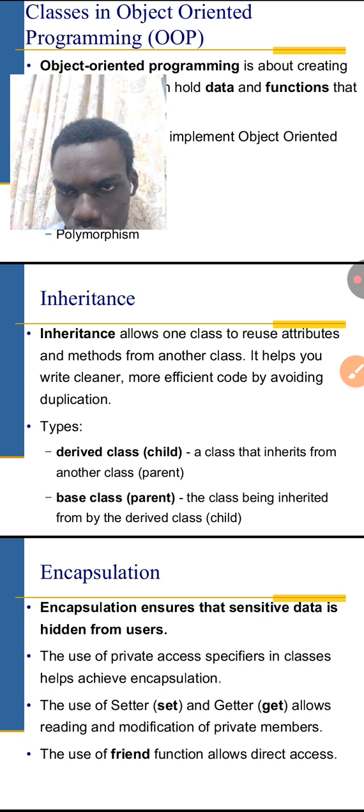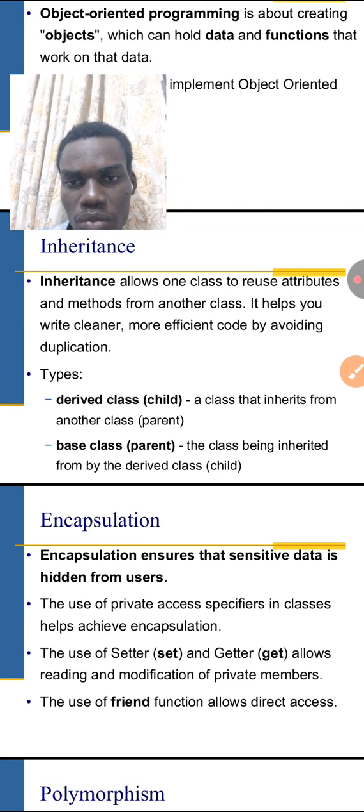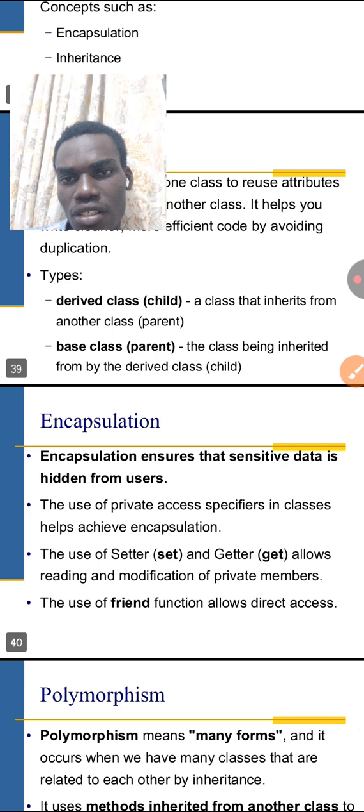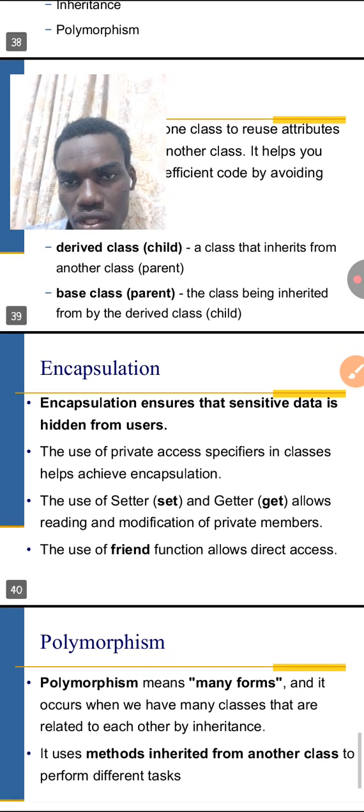We have types of inheritance. We have the derived class, which is the child class, and then we have the base class, which is the parent class. Let's look at encapsulation. Encapsulation ensures that sensitive data is hidden from users.